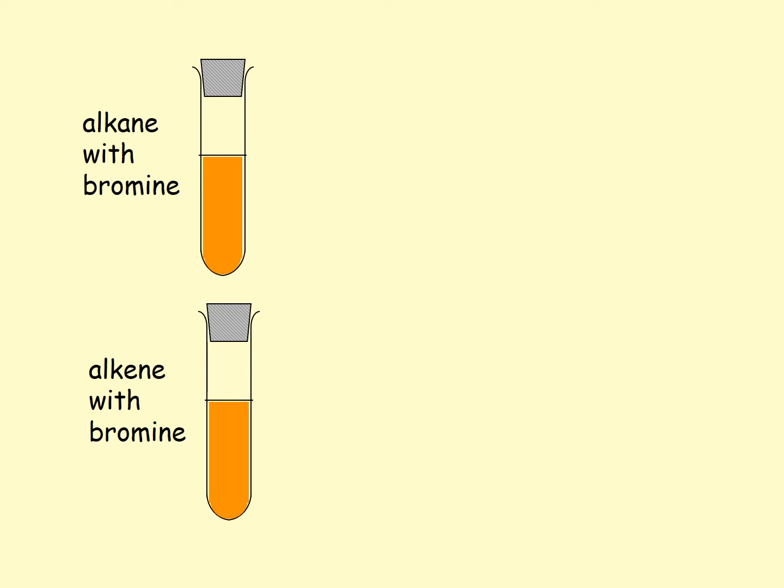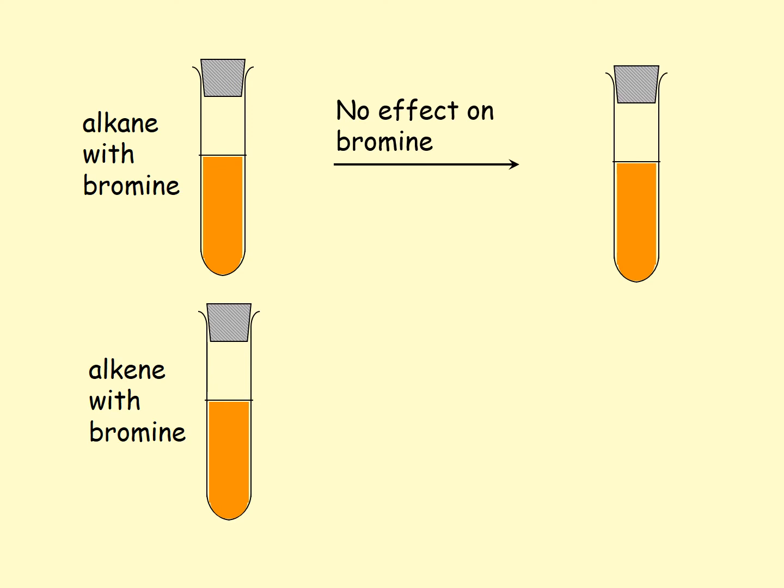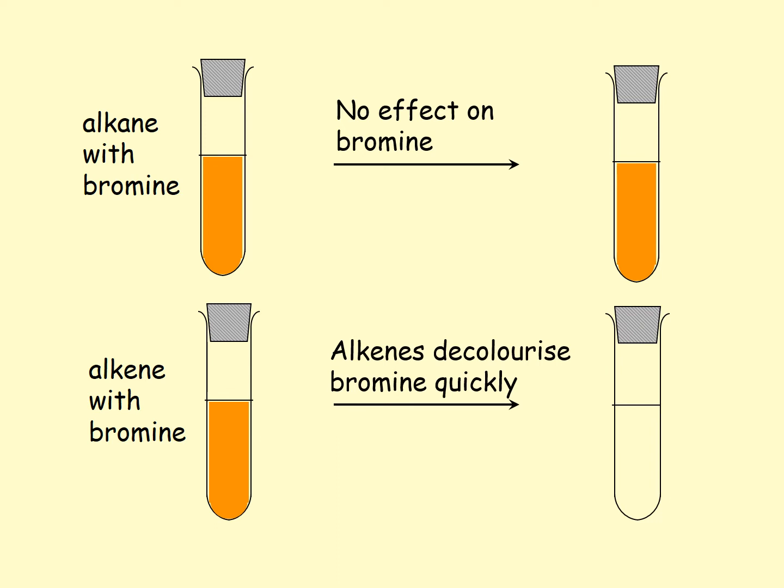If we've got an alkane with bromine and we shake that test tube, there's no effect on the bromine, it stays the same colour. However, if we've got an alkene with bromine, it decolorizes it very quickly, and it goes from orange or brown to colourless.